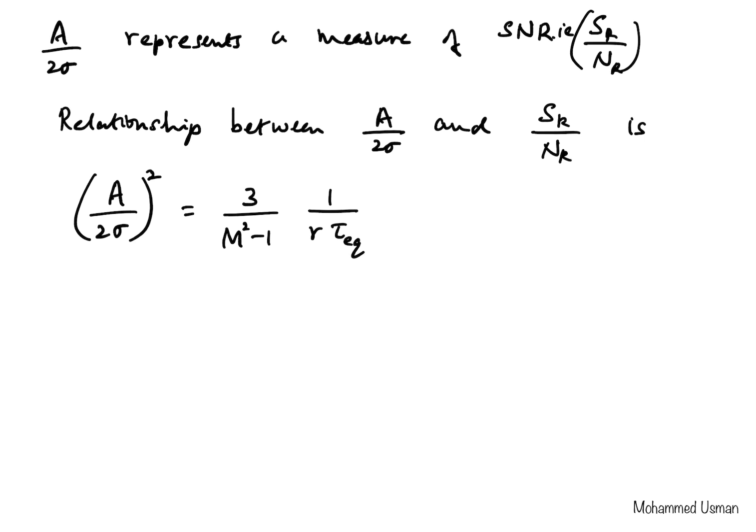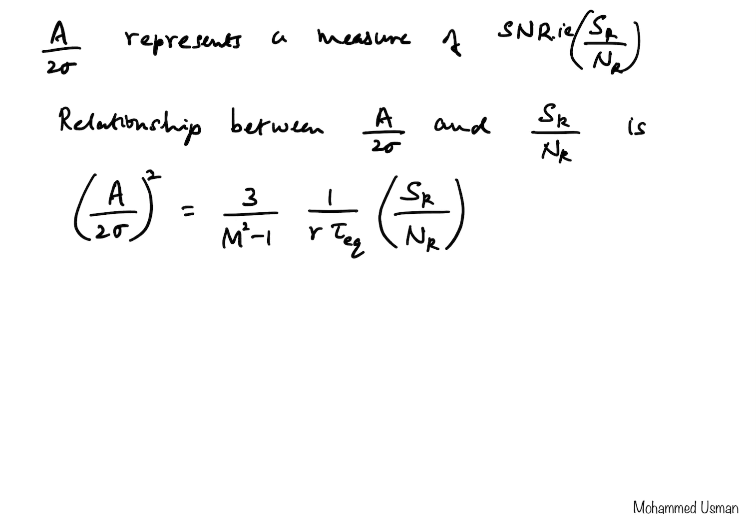Tau equivalent is the width of the pulse that we discussed earlier. So 1 by R tau equivalent turns out to be the energy of the rectangular pulse, and that gets multiplied with SR by NR. So the square of A by 2 sigma is given by this expression on the right hand side.